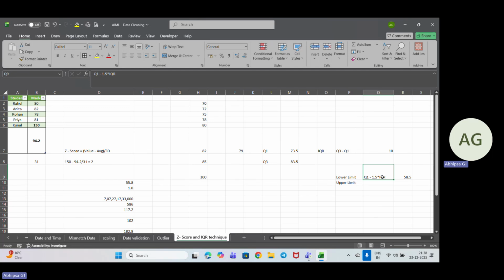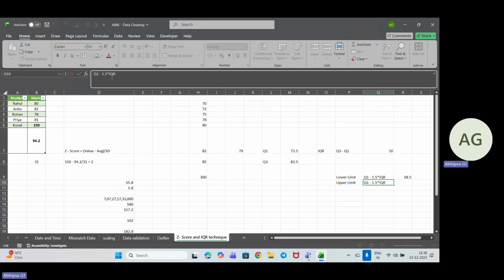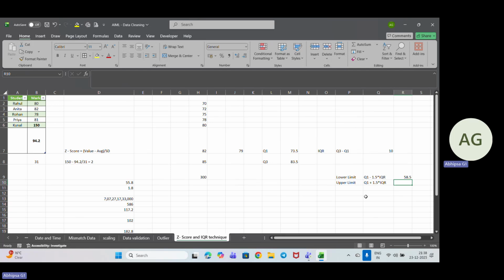The same thing, but here we will be using plus instead of minus. So 83.5 plus 1.5 into 10, that is 98.5. Right? So this is my upper limit and this is my lower limit.